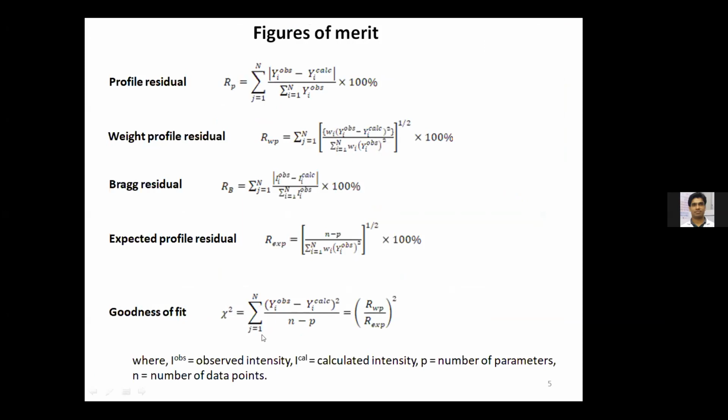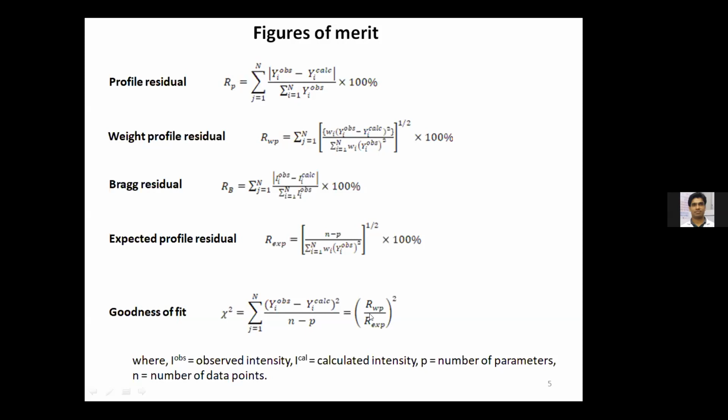What is the ideal value, or the best value, when your simulated line is matching with the experimental line, when you are achieving the global minima?